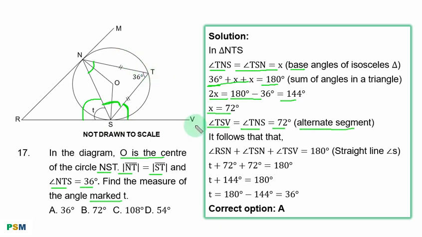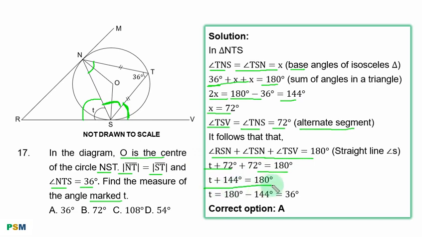So you add the three angles on line SV. The sum is equal to 180 degrees. So you have T plus the second angle 72 degrees, the third angle also 72 degrees, equal to 180 degrees.